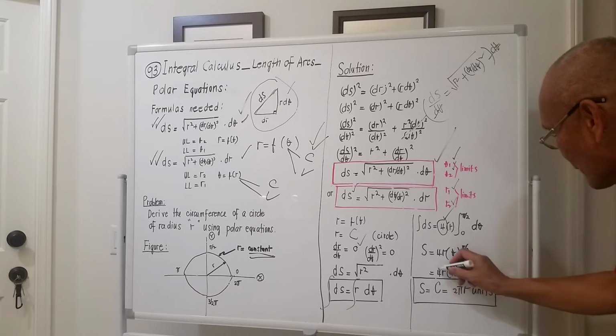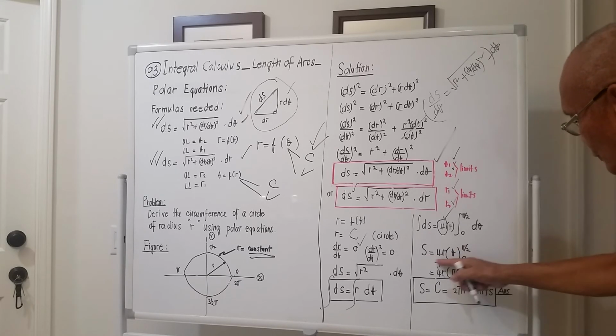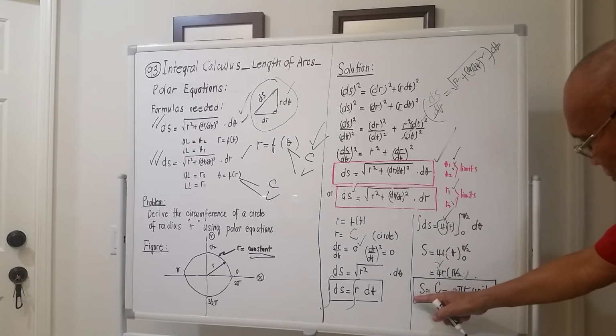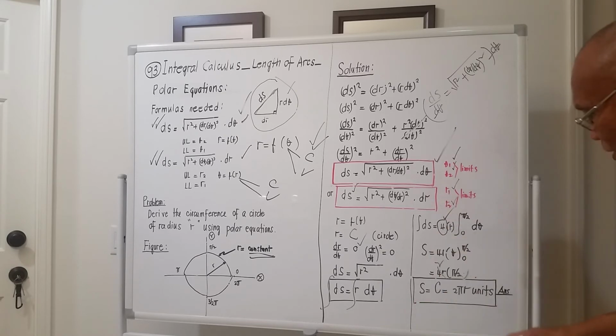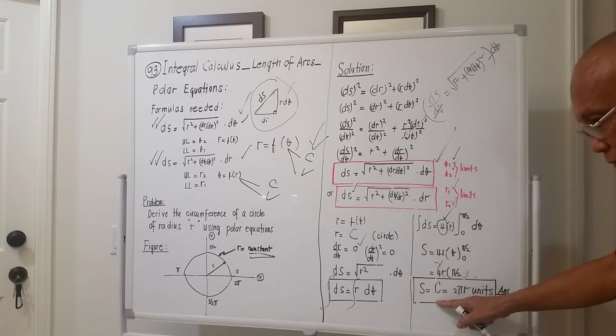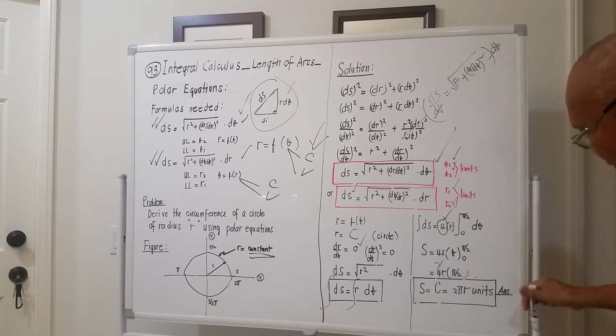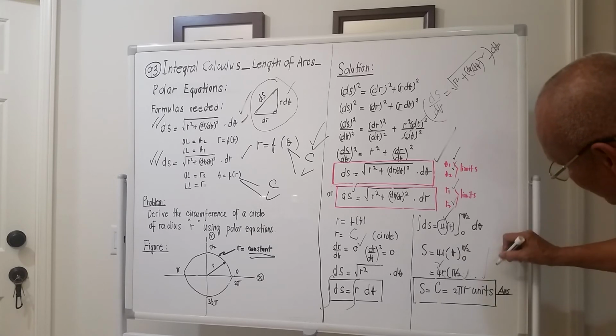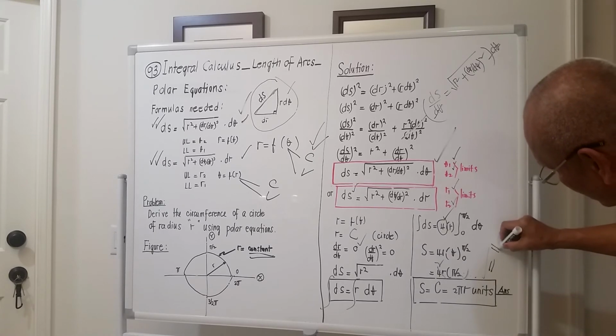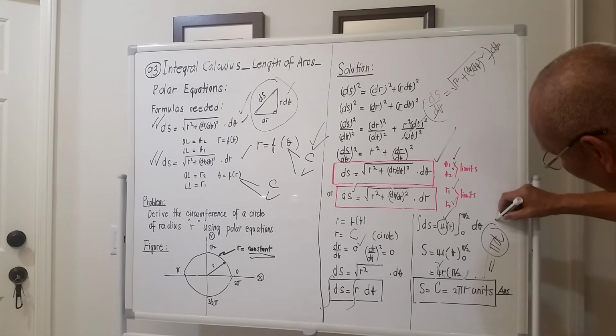This 2 here cancels with this 2. 2 pi r. So S now, or for a circle, I place it as C, circumference, equal to 2 pi r units. Or in terms of diameter, this should be pi d units.